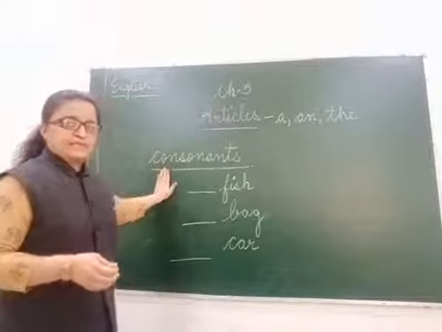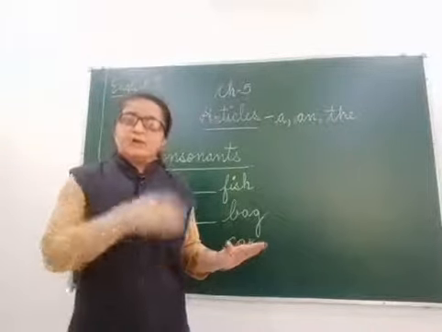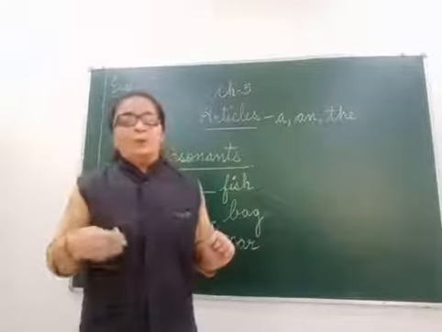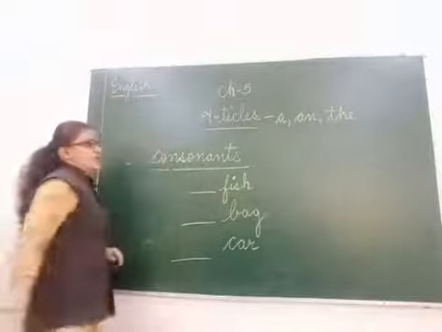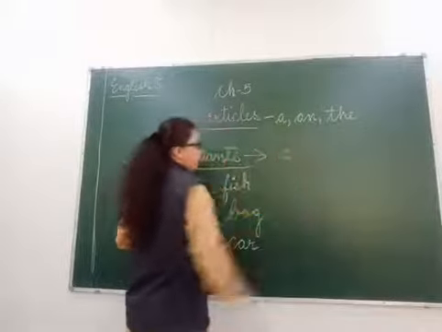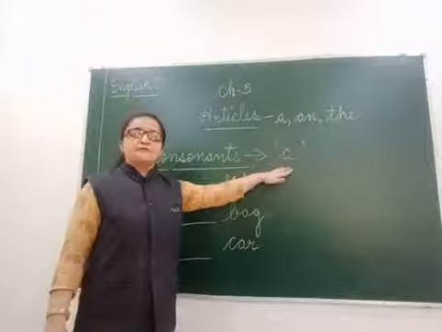For example, F, B, D, C, remaining letters except A, E, I, O, U. Okay, they are known as consonants, and these consonants have a friend known as a. Who is the friend of consonants? A is the friend of consonants.